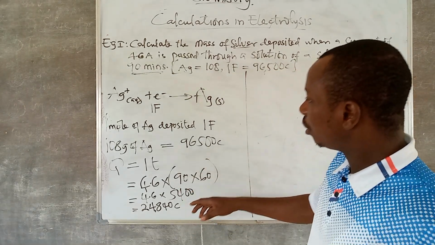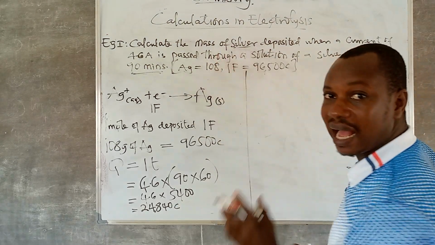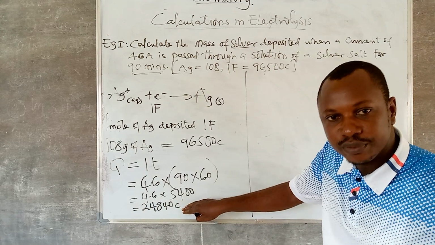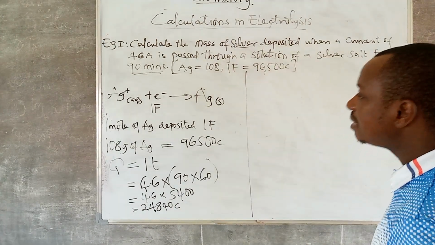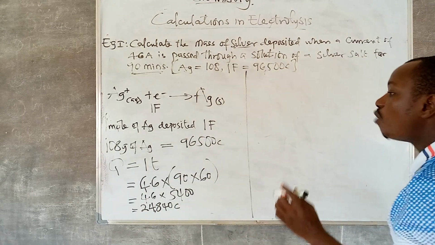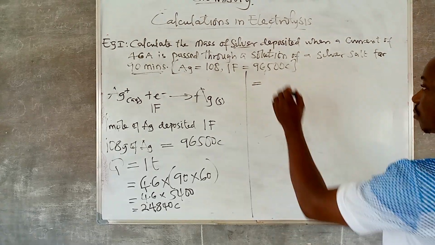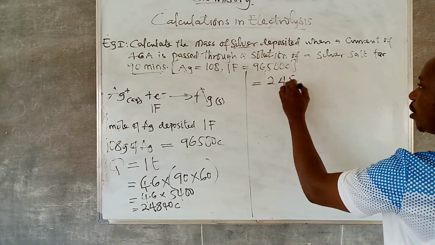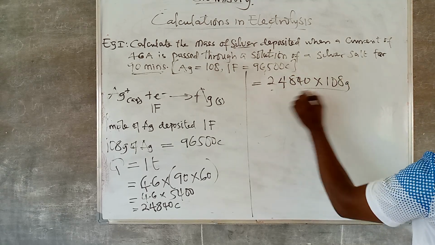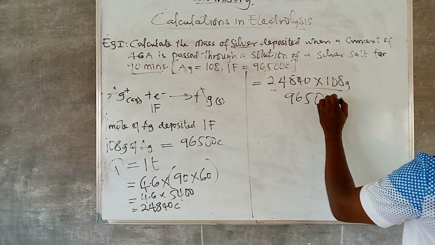Remember that you were asked to find the mass of silver deposited. You have calculated the coulomb. So this simply means, since 108 gram of silver deposited 96500 coulomb, if you are looking for the mass now, you will have 24840 times 108 gram divided by 96500 coulomb.